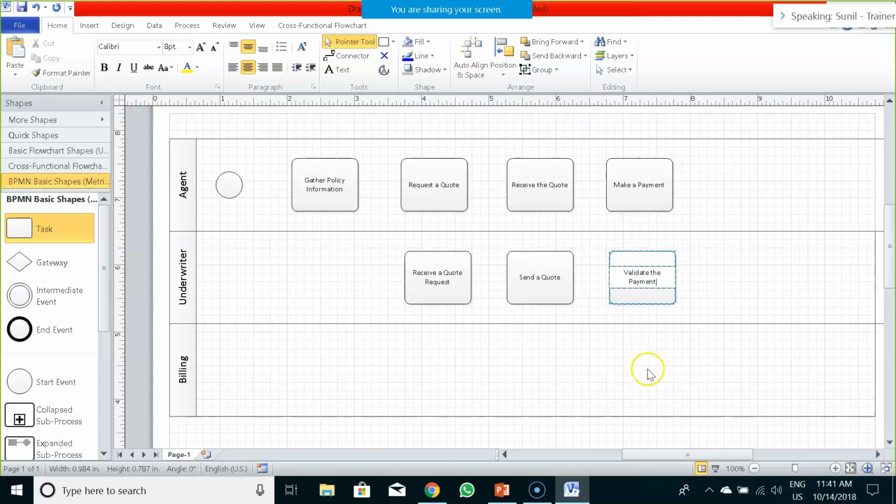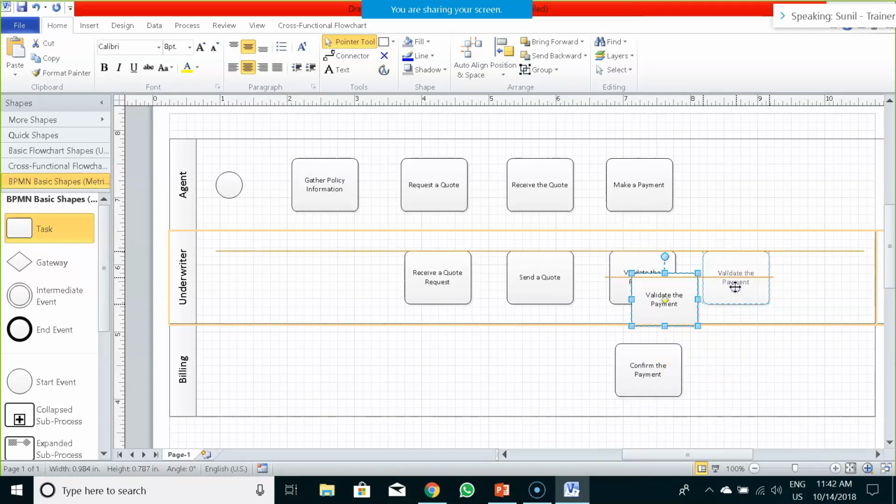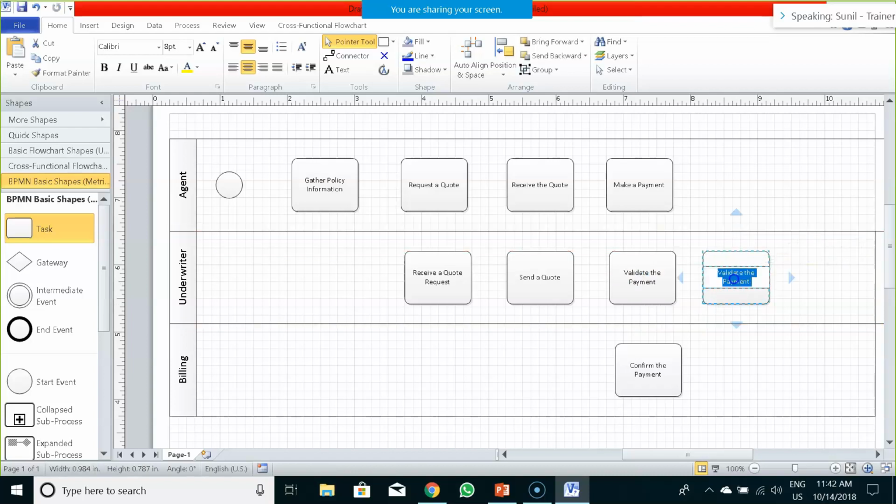With whom? With the billing team. The billing team would confirm the payment. After that, the underwriter would start the policy.